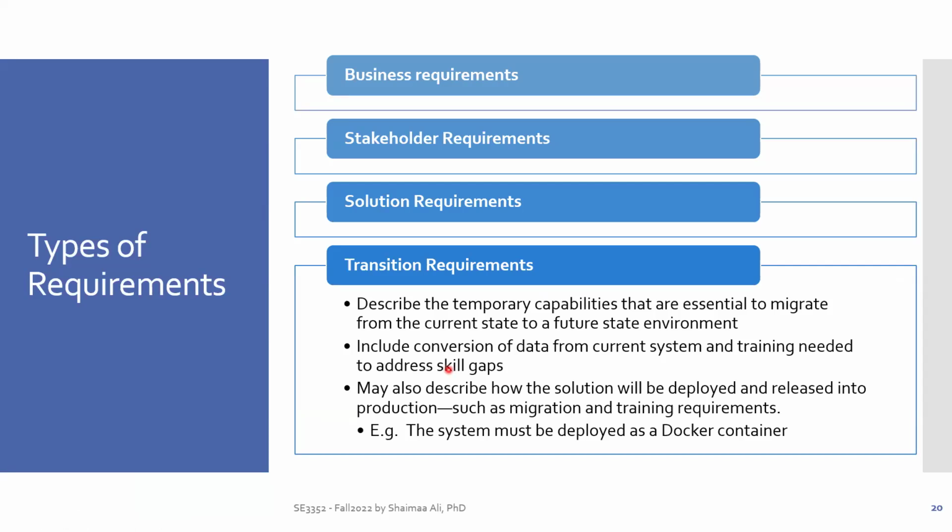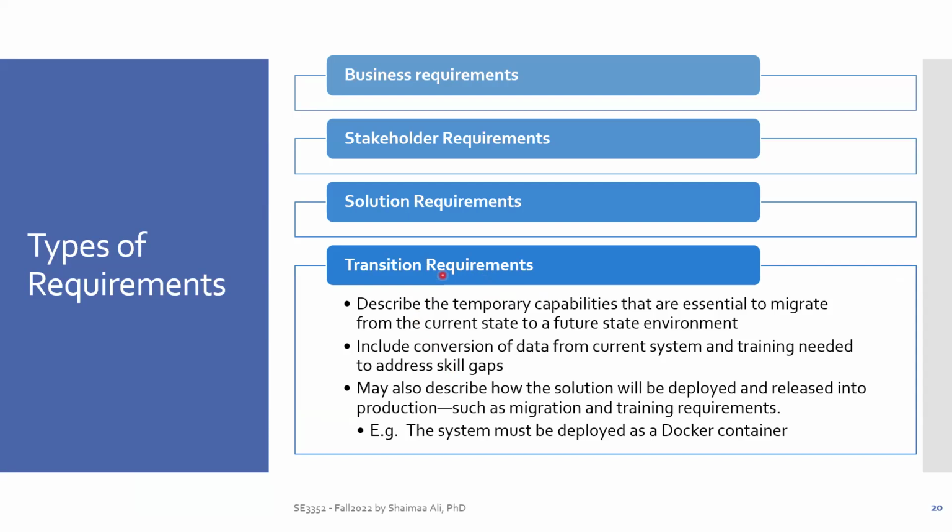Now, the last category is the transition requirements. These are the requirements that we need to consider to move from a current state to the new state. The new solution will create a new state, so we need to figure out what the needs of the transition are.